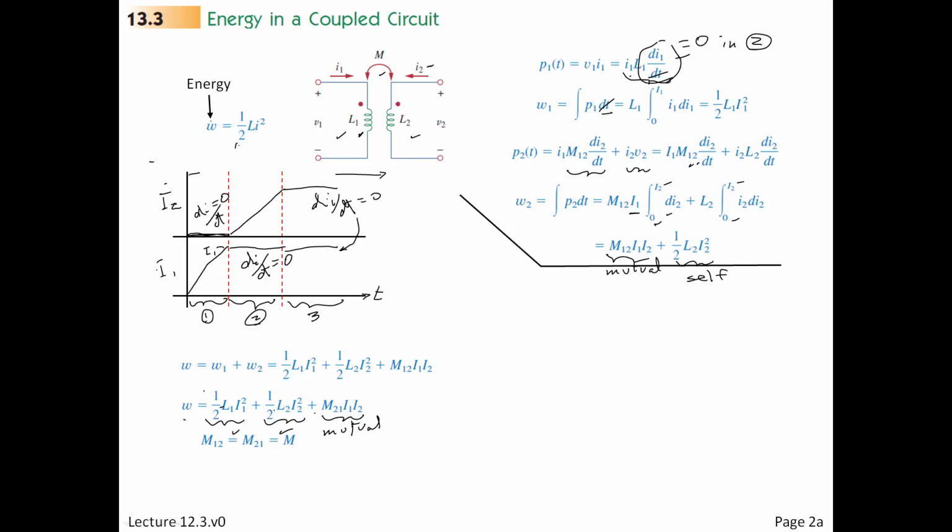So this whole equation is done as though we reversed regions 1 and 2. Region 1 became 2 and 2 became 1. In other words, we started with I1 being 0 and I2 changing and vice versa.